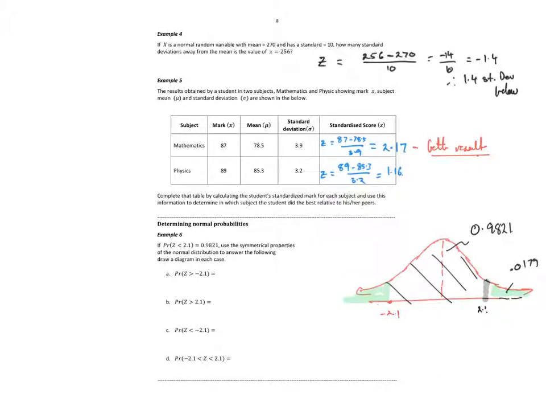So the other area is just the same as that. The chances of being greater than negative 2.1 is going to be the same value, 0.9821. The probability of greater than 2.1, well, we've just looked at that: 1 minus 0.9821, which is equal to 0.0179. Less than negative 2.1 is the same value, 0.0179.